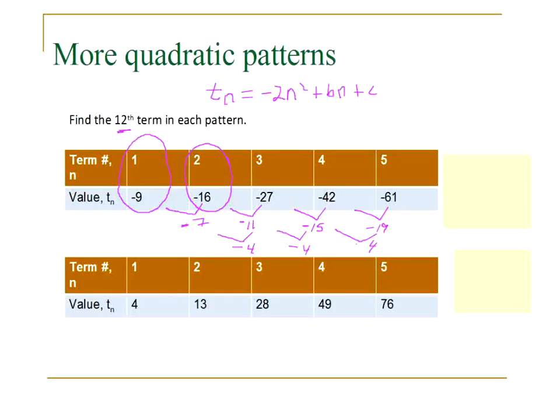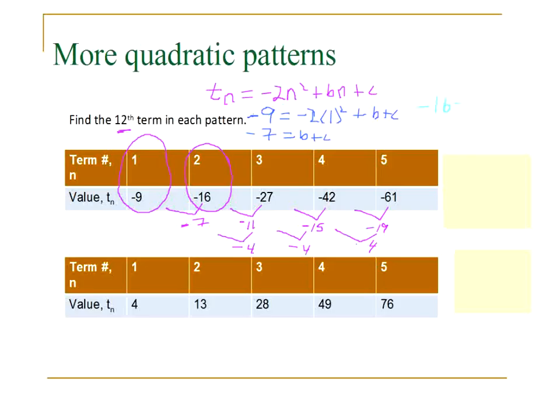And so I can use these data points to find the B and C value. Negative 9 equals negative 2 times 1 squared plus B plus C. 1 squared is 1 times negative 2 is negative 2. Add that to both sides, I get negative 7 equals B plus C. Then I can use another term here.